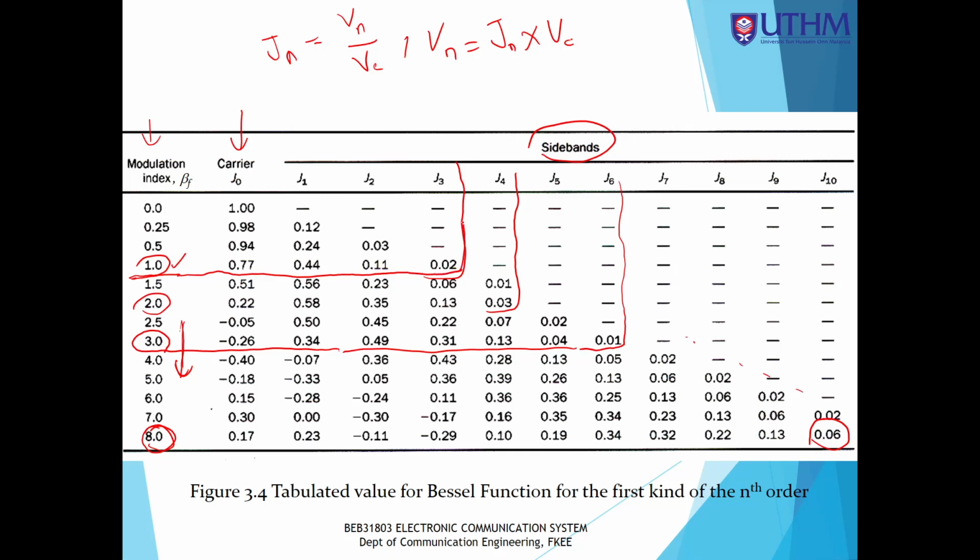So therefore n is equal to 3. There are 3 pairs of sideband for modulation index equal to 1.